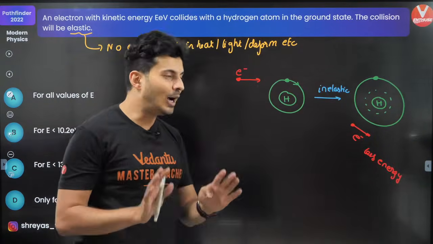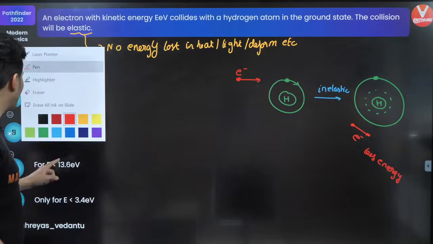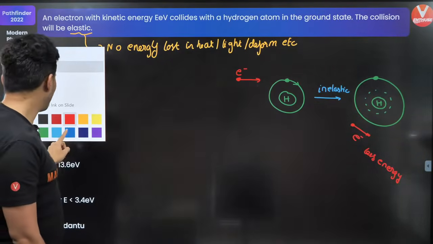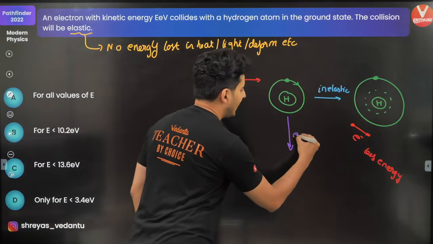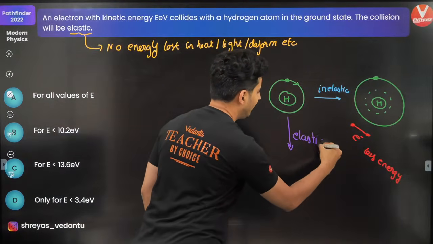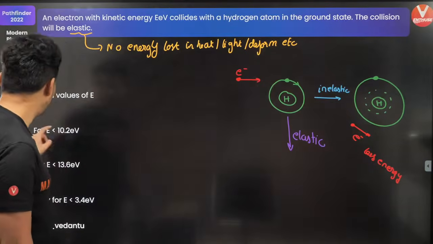Understood? Now, what will an elastic collision look like? Let's try to figure that out. So if this collides elastically, wow, I love this shade, isn't it looking fabulous?